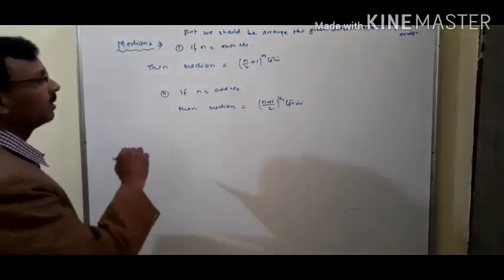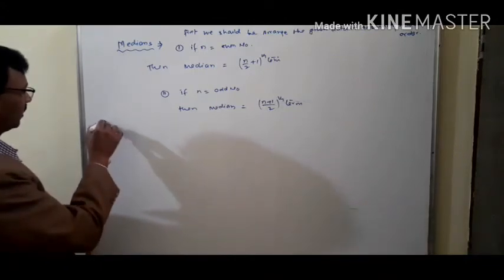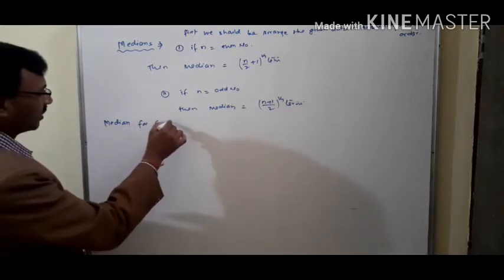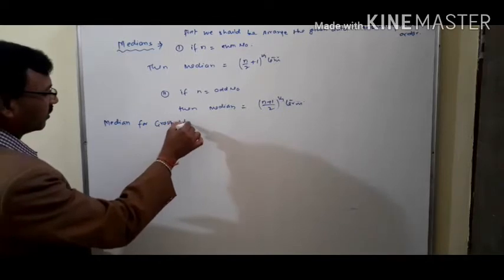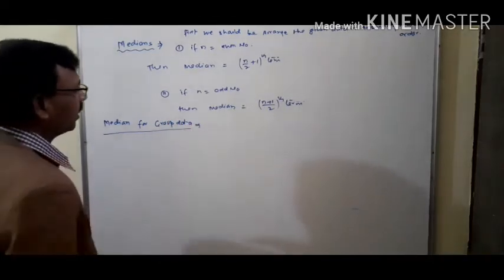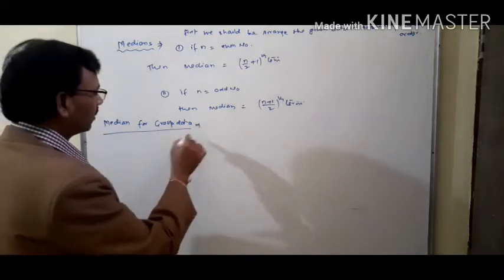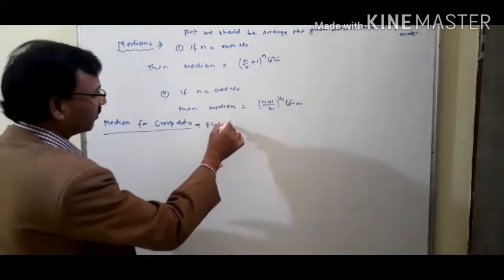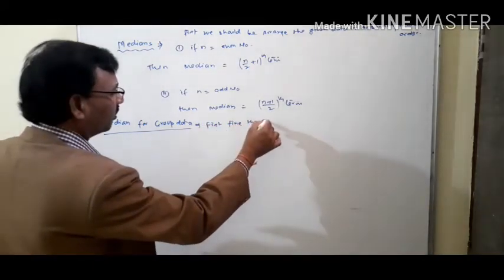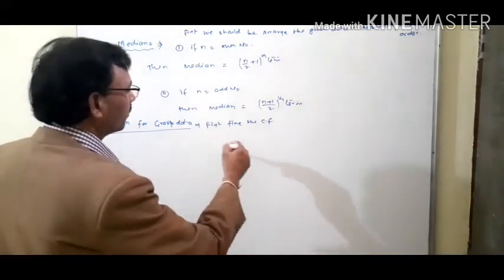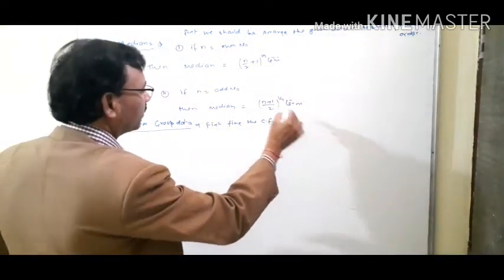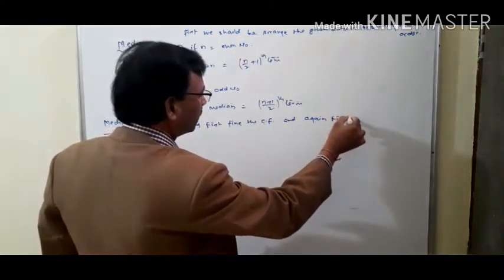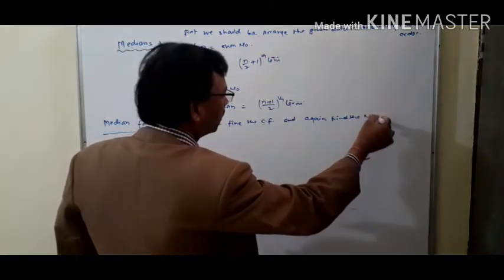And the median for grouped data. First find the cumulative frequency CF, and again find the n by 2.